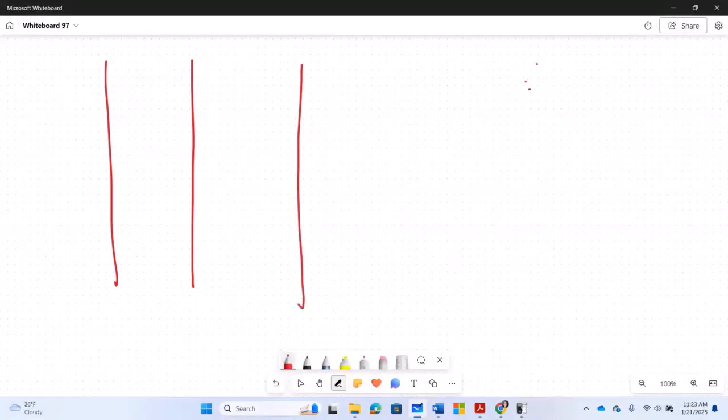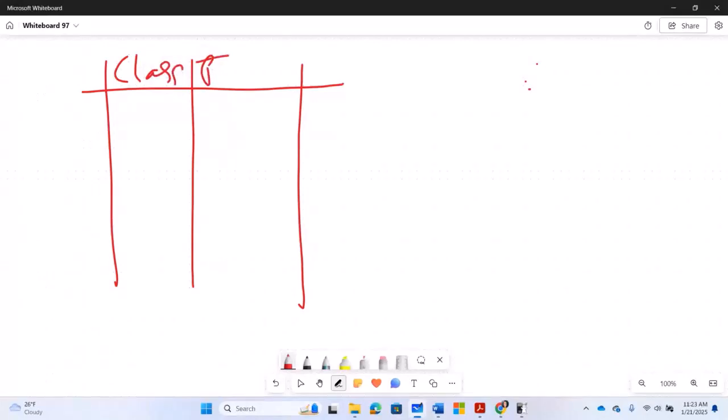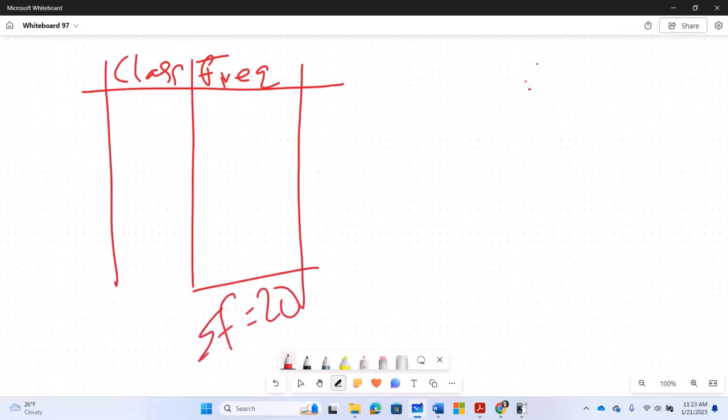I'm going to build 2 columns, not equal in width. This is class, and this is frequency. I already know that the total frequency is 20. Okay, so the smallest number is 0.